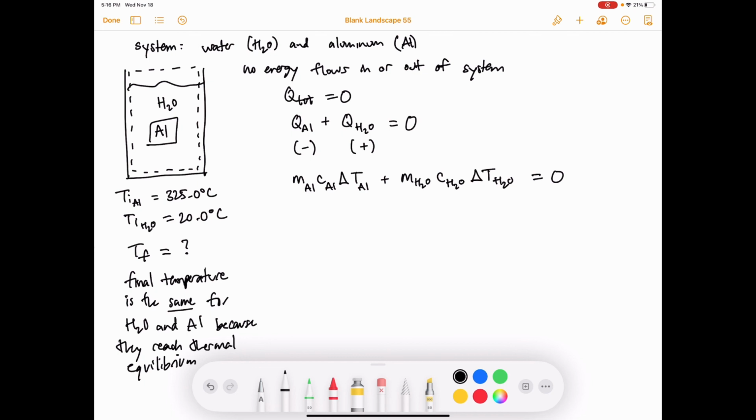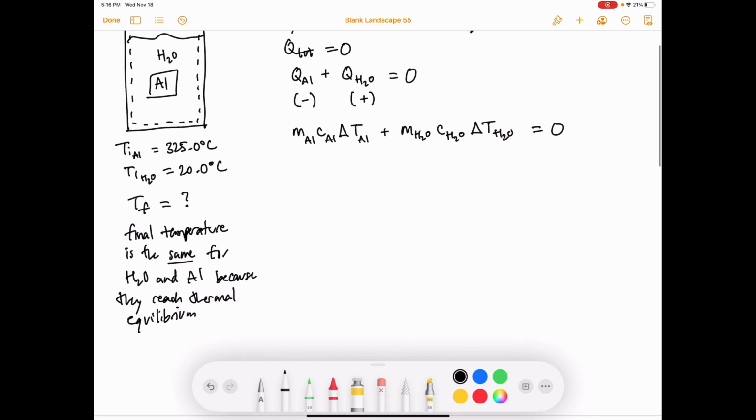So we can plug everything into this equation. The aluminum is 155 grams, or 0.155 kilograms. Specific heat is 900 joules per kilogram degree Celsius. For the temperature change, we don't know what T final is, so I'm just going to leave that as a variable. But for the aluminum, we do know the initial temperature, 325.0 degrees Celsius.